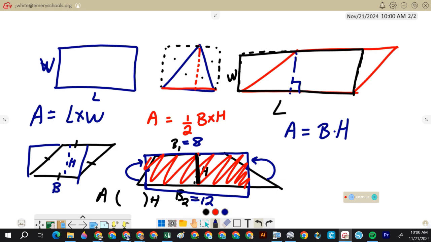Well, let's look at a couple things. So this length here is equal to this length here. And this length here is equal to this length here. So we're going to take half of this piece and half of this piece, and it turns out the new base is this distance right here.